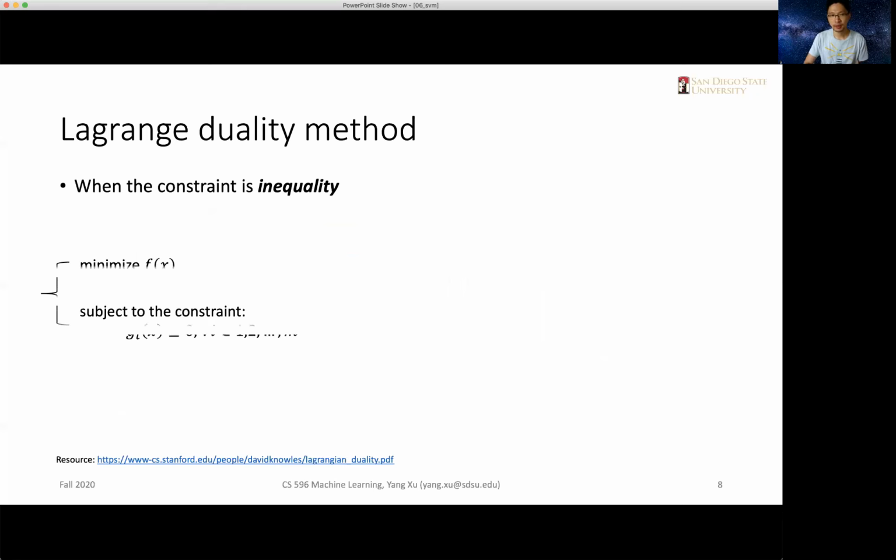And we can also have multiple such inequality constraints. Say we have m of such constraints, and each constraint is a different function, and each function should have non-positive value, it should be less than or equal to 0. That is the inequality constraints that we have.